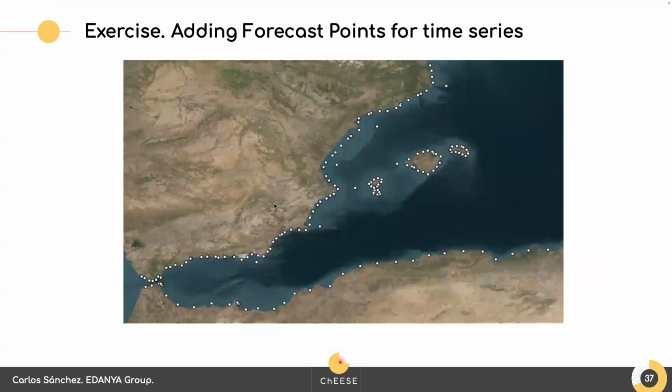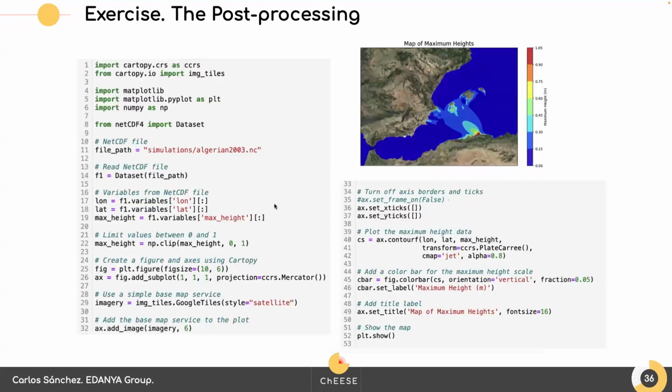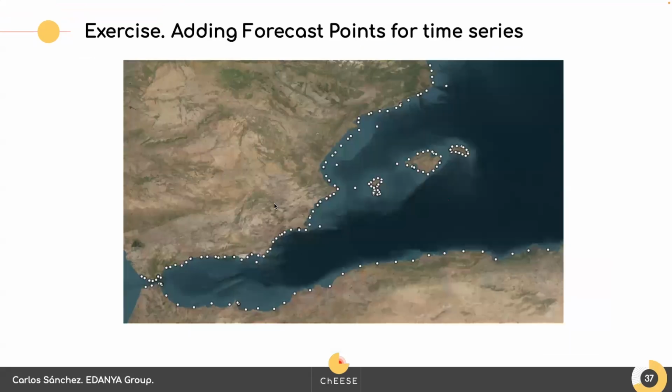Okay, so this first example is very easy, and one of the things that we can do is add, for example, as an exercise, forecast points in order to analyze the behavior of the water height at these forecast points. So how can we do that?